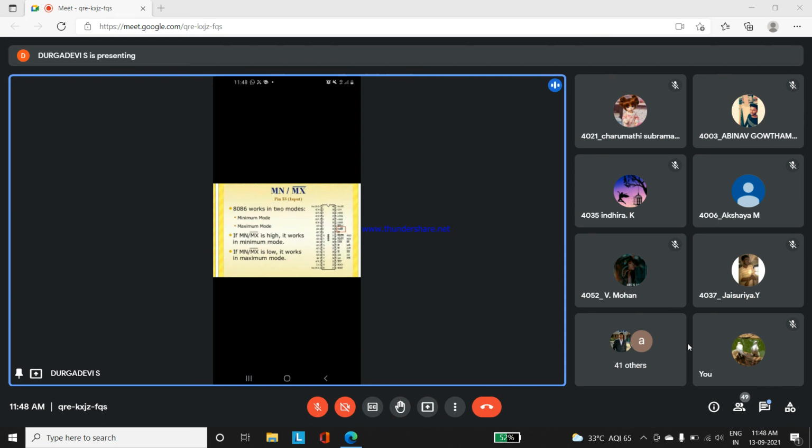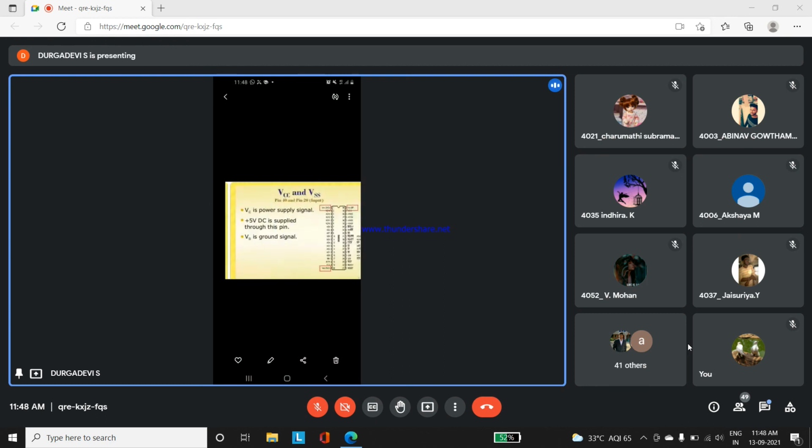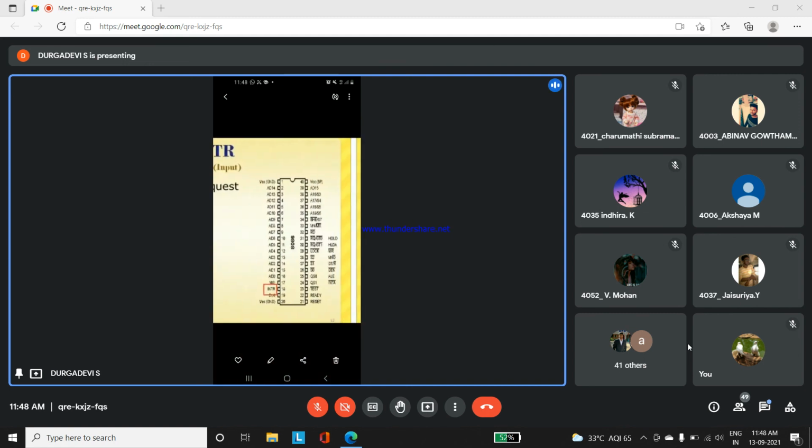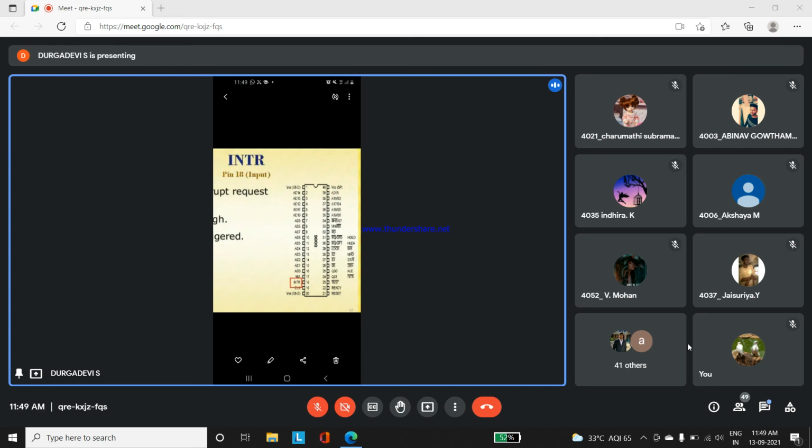So this is very important. Depending on MN/MX, tomorrow I'll teach you. These pins have got the functions. Here, pins 24 to 31 will have 2 functions, whether you're going to operate in minimum mode or in maximum mode. Is it clear, everyone?